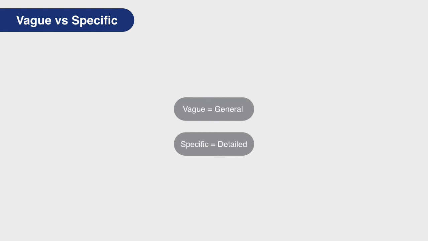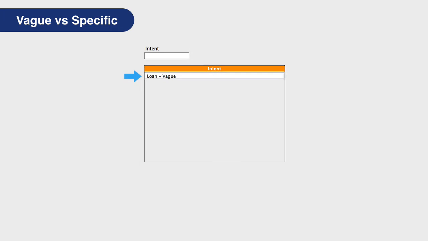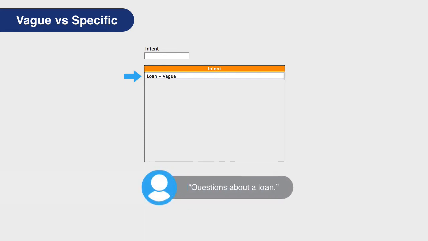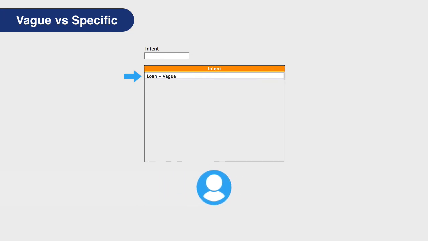Some search box entries are designated vague or specific depending on whether they should be used for general or detailed intents. For example, an entry for loan vague refers to general loan intents such as questions about a loan, information, talk about a loan, and my loan.